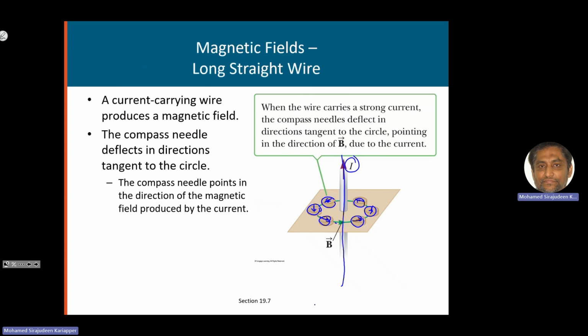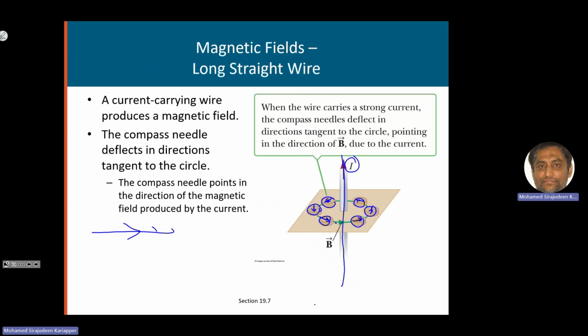And the compass needle will point one way or the other way along the tangent. So when a current flows in a wire, the magnetic field created by this current will form circular magnetic field lines around this wire.